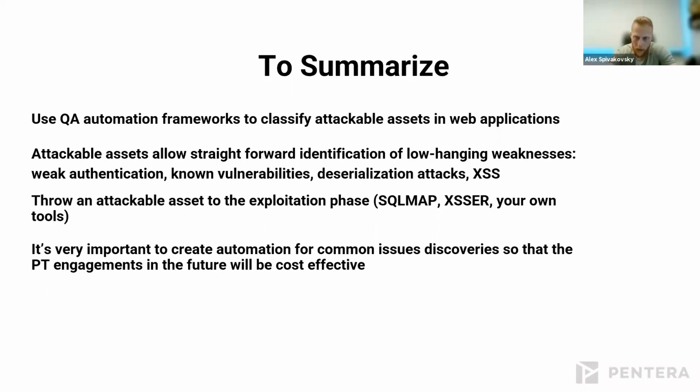Yeah, of course. What I've mentioned here is how we're using QA automation frameworks to derive attackable assets from web applications, and I recommend using those because it's easier than using HTTP libraries and analyzing the data yourself. The QA automation of Selenium helps us retrieve data very easily. Attackable assets give you low-hanging fruit, and you can inspect not just XSS or deserialization attacks.